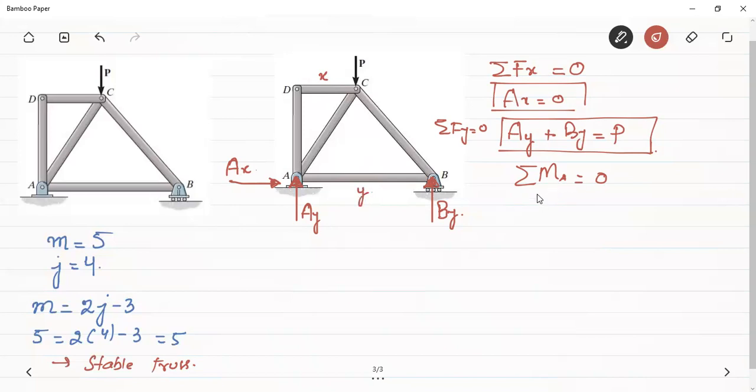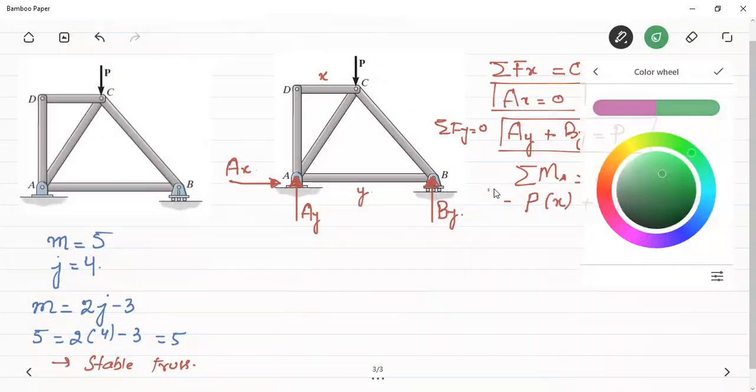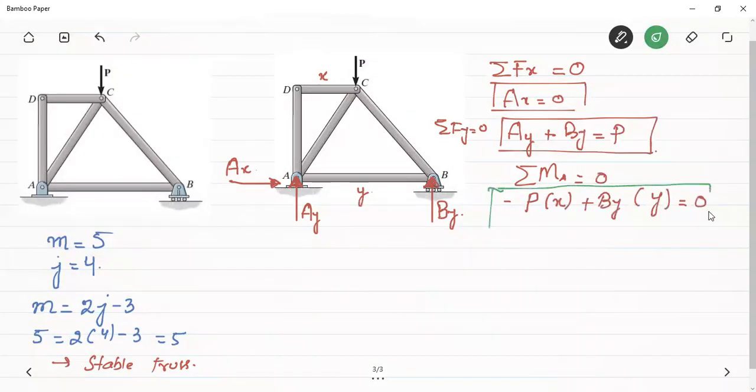Then P will create a clockwise moment about A whose magnitude will be equal to Px, and B will create an anticlockwise moment about A whose magnitude will be equal to By times y. Suppose this is our third equation. Okay, so with the help of these three equations, we can find out the support reactions.